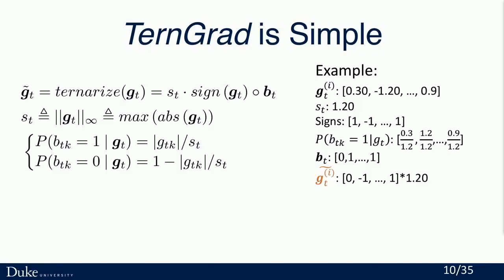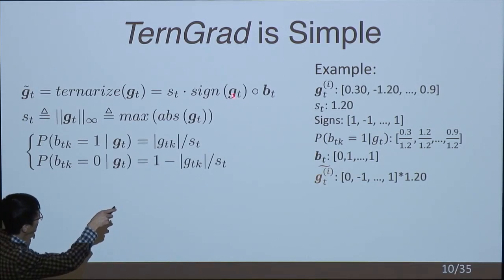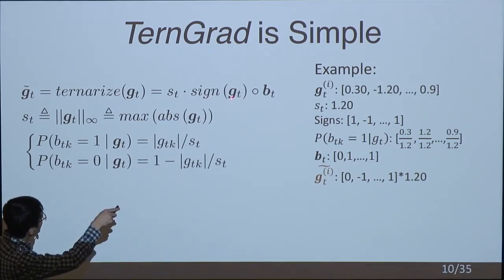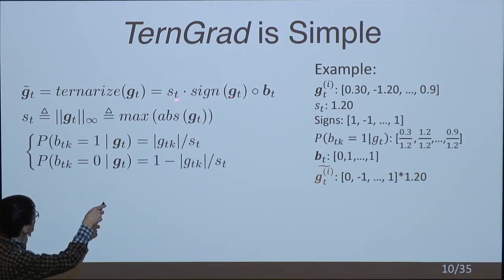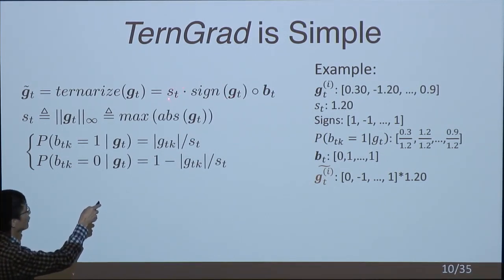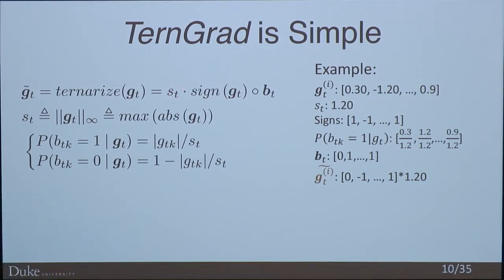It's simple, actually. This one is the floating gradient, and we first get the sign of all the gradients. Then we have a scalar, which is usually very small. Do you predefine s_t, or is it learned? It's not learned. s_t is the maximum absolute value of all the gradients.